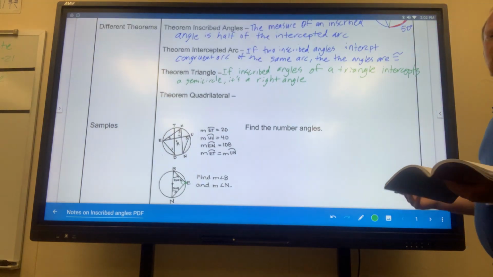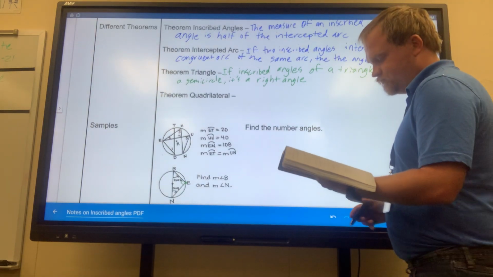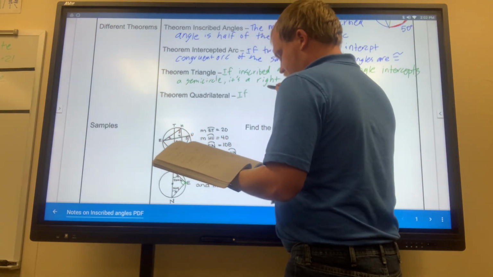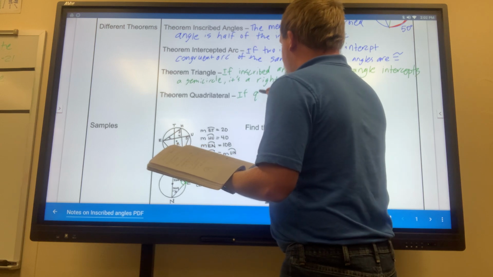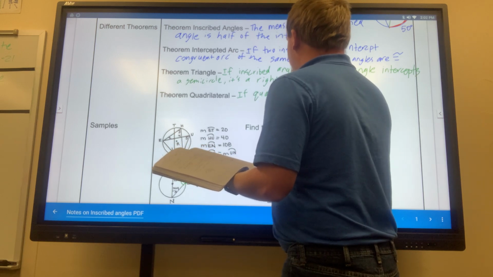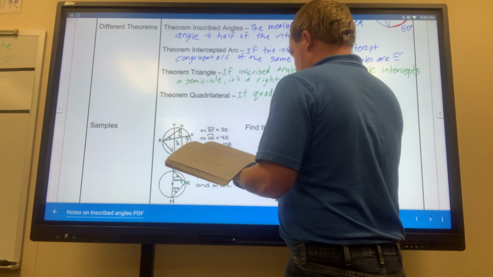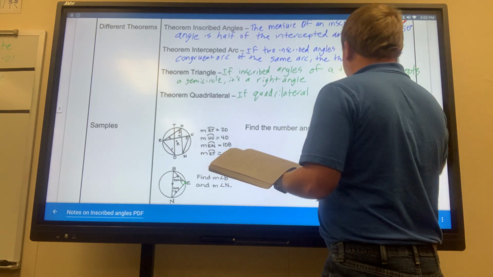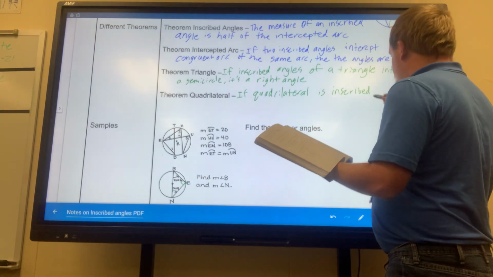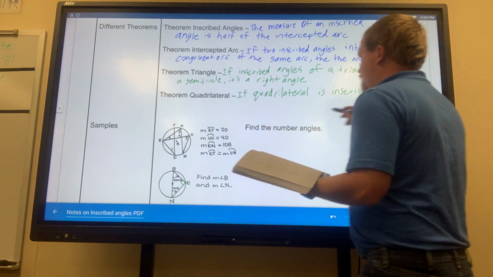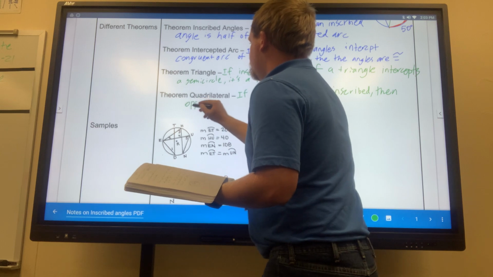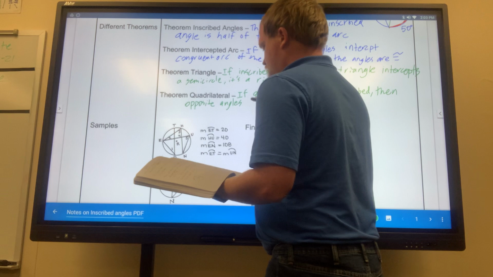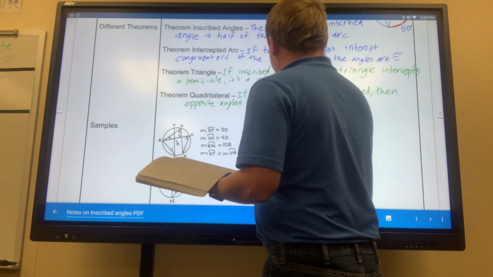Now, a theorem that has to do with quadrilaterals. If a quadrilateral is inscribed, which remember means all four sides touch the circle, then opposite angles are supplementary.